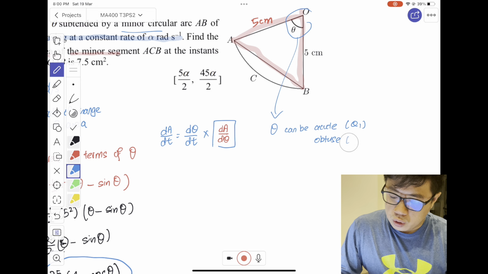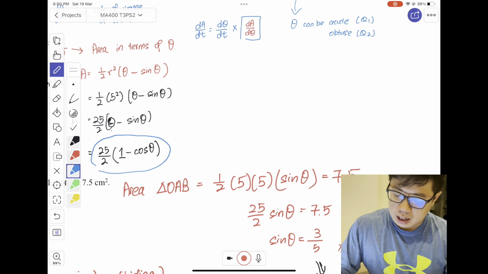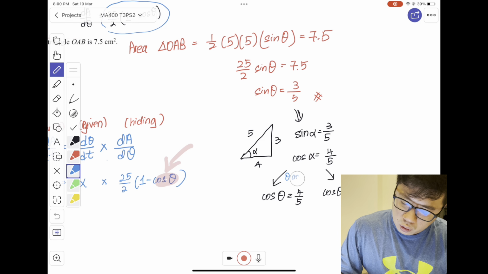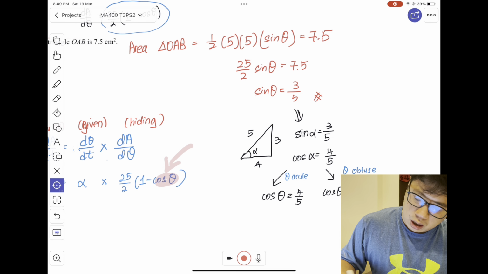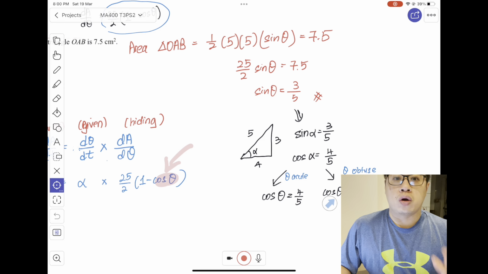If it is obtuse, it will be in quadrant 2. Quadrant 1 means your cosine theta will be positive, and quadrant 2 means your cosine theta is negative, which is why this question is relatively challenging, because there are two sets of answers for you to consider.